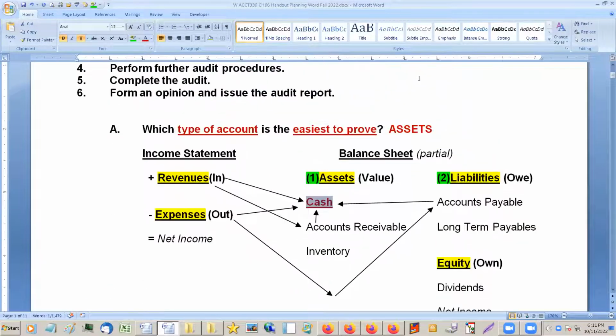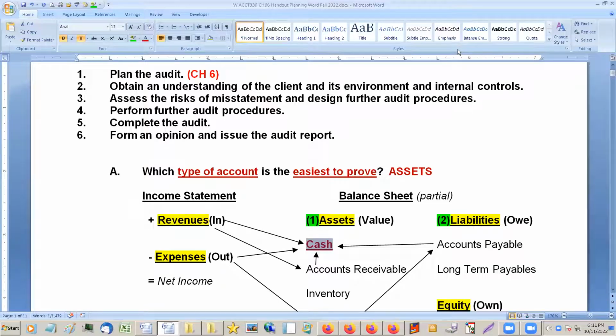I should tell you something else about auditing, and that is, we show you this stuff. It doesn't mean when you go on an audit that you're going to have to know all this stuff. So if you get to audit cash, you might think, oh, I don't know everything about auditing cash. There are audit plans, audit programs for auditing cash, and you follow the steps. And a lot of times people talk about how they discovered fraud or whatever it was.